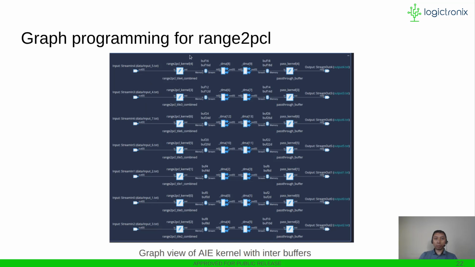After build, you can view the arrangement of components in the graph, how those individual AI kernels are connected in your graph, using this graphical graph view present in the tool. Here you can see in this graph, the range to PCL kernels are located on the input side, and we have some double buffering going on in the middle during the connection between two kernels, and pass-through kernels are present on the output side, which converts the output to the stream format.